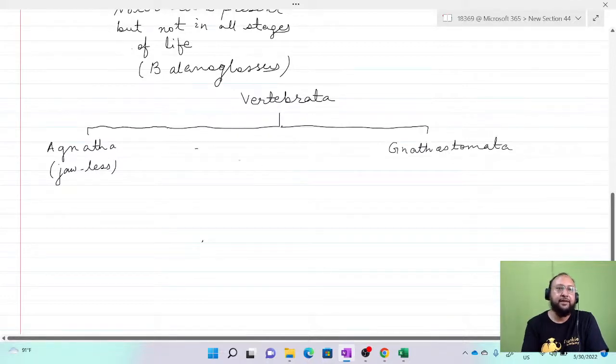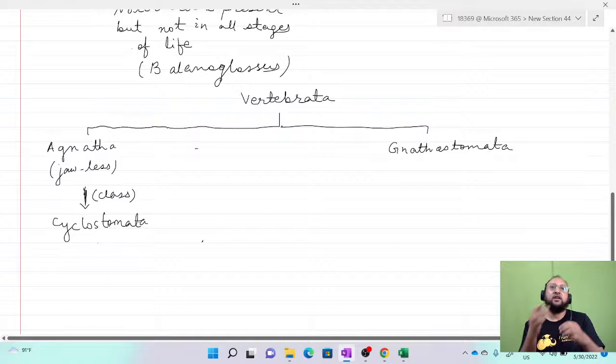Then we have the classes under this. Classes are Cyclostomata. That means it has a circular mouth, no jaws, but a circular mouth is there.